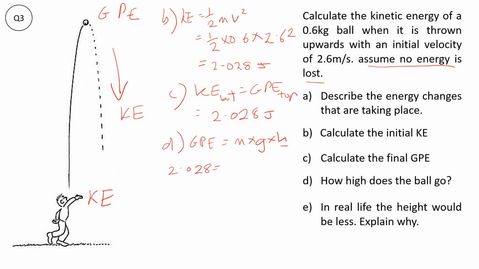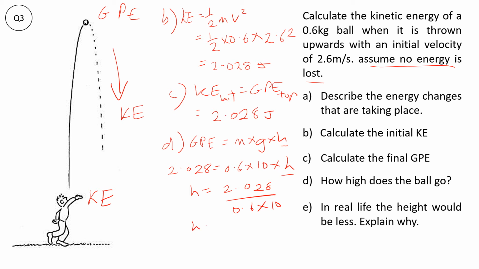2.028 equals the mass, which is 0.6, take g as 10, and we can calculate the height. Rearrange the equation. It's 2.028 divided by 0.6 times 10.